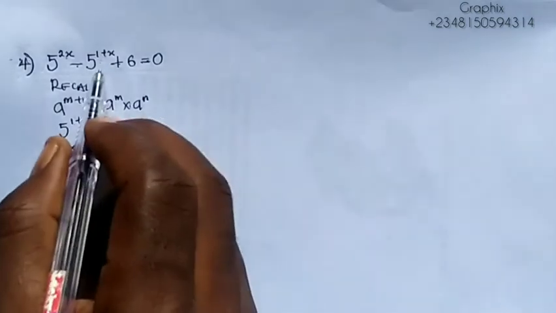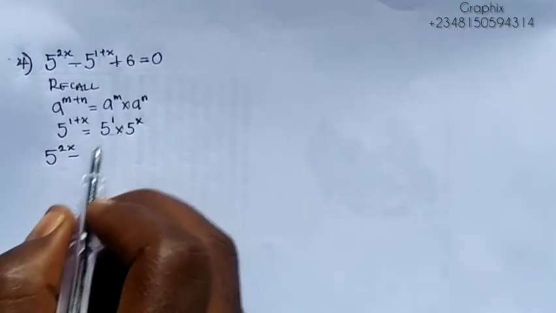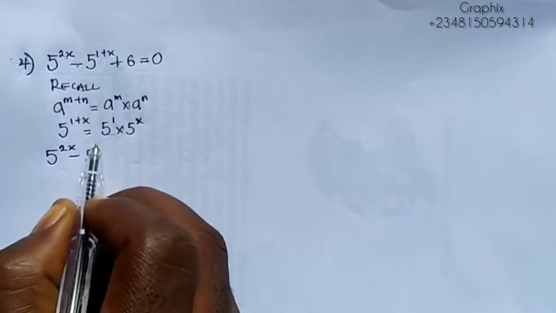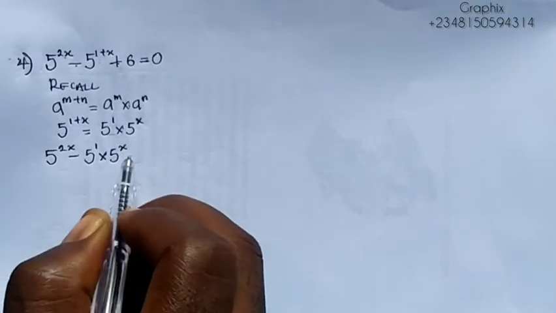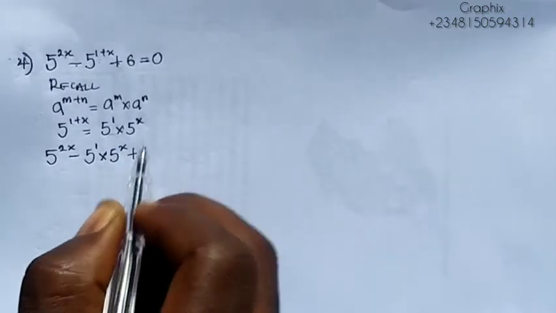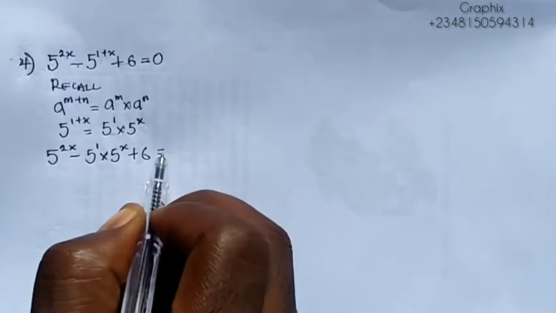minus, so I will not write this anymore, I will write this, which will bring me 5 to the power of 1 multiplied by 5 to the power of x, plus 6 equals 0.